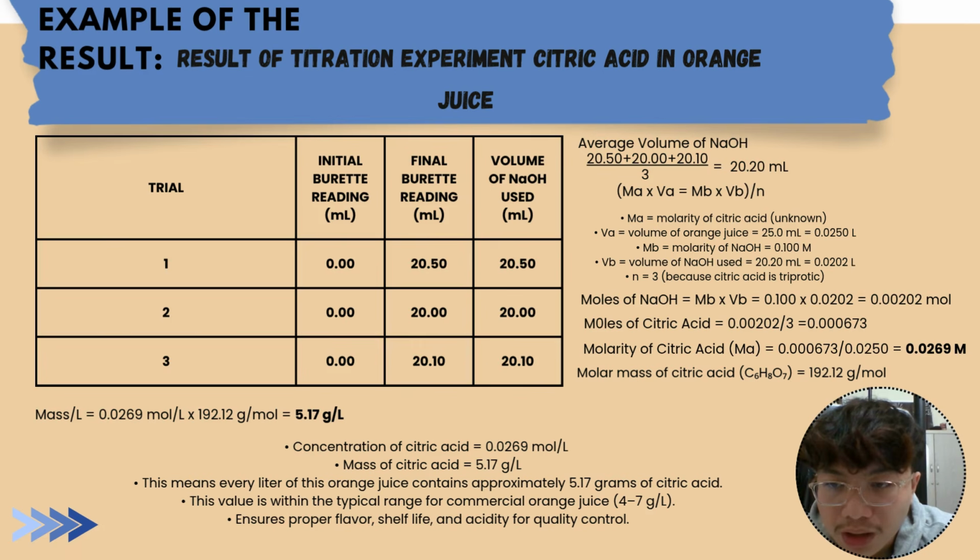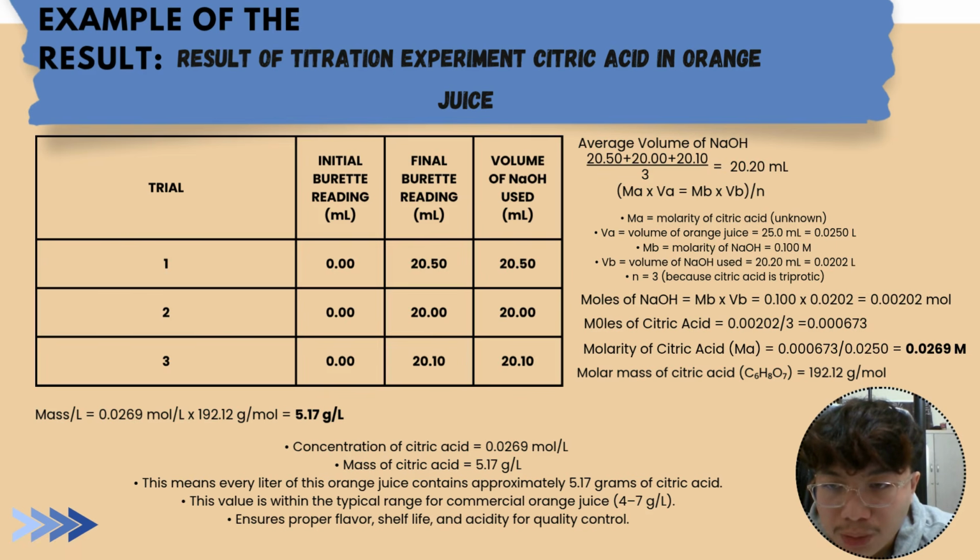We use the formula MA multiplied by VA equals MB multiplied by VB divided by N, where MA is the molarity of the unknown citric acid, VA is the volume of orange juice, 25 ml, equal to 0.0250 liter.